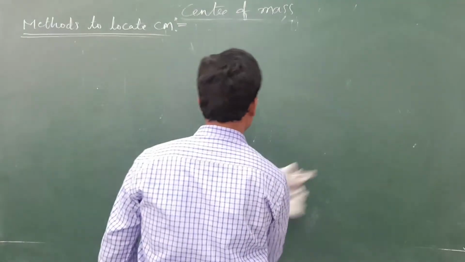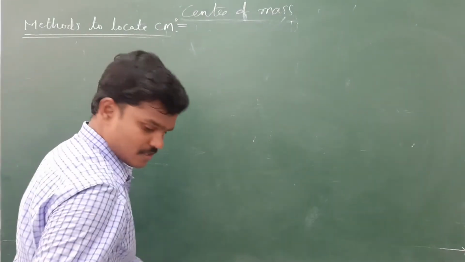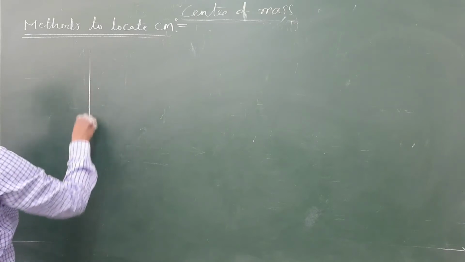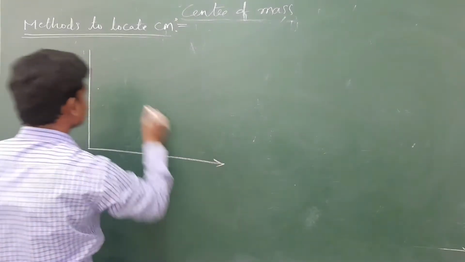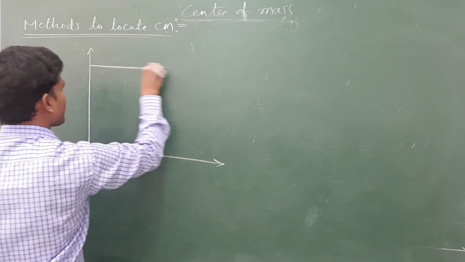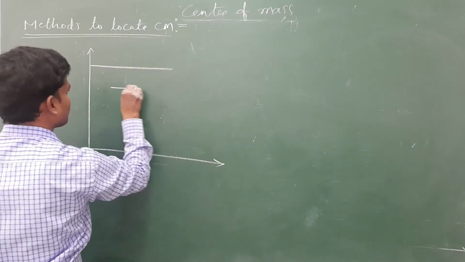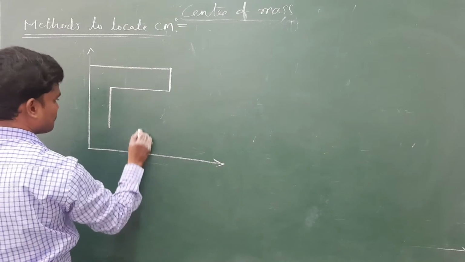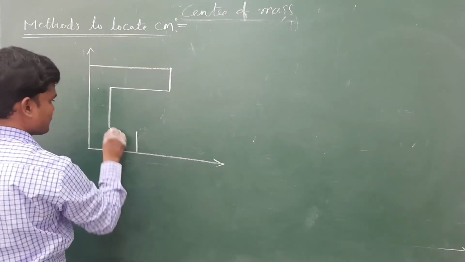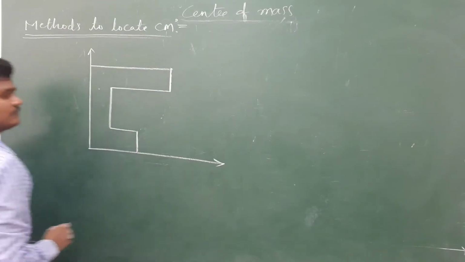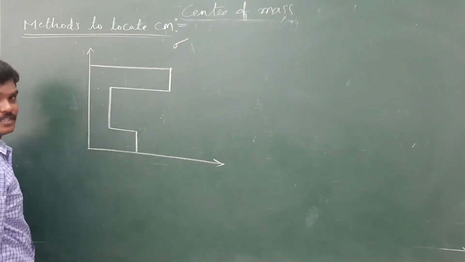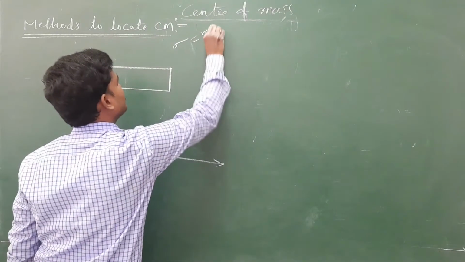Now see, the given uniform plane sheet. The diagram is like this. It is a uniform plane sheet whose sigma is given; sigma is nothing but mass per unit area.